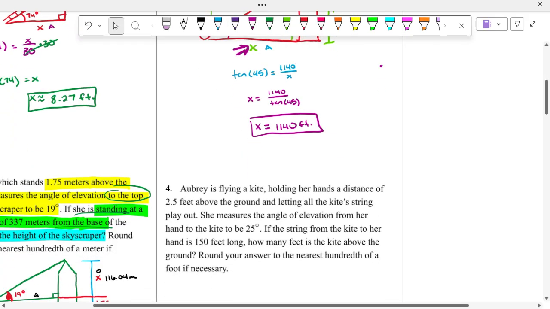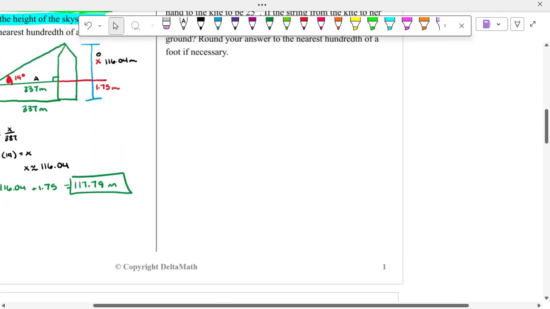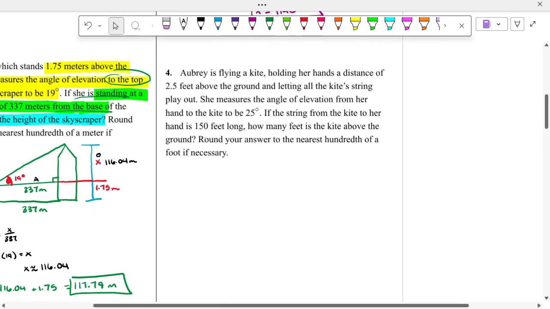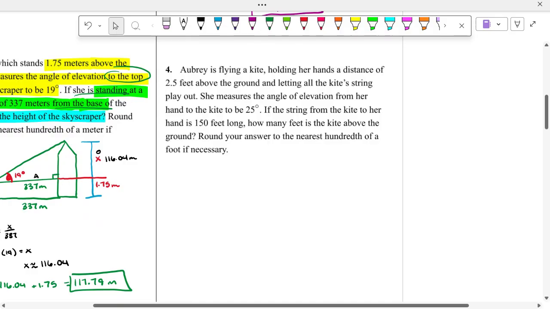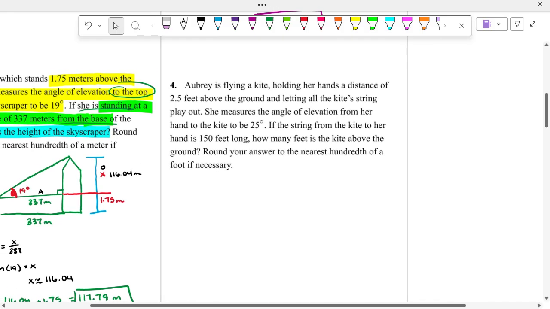Take a minute and try number 4 on your own. So draw the picture and solve it.